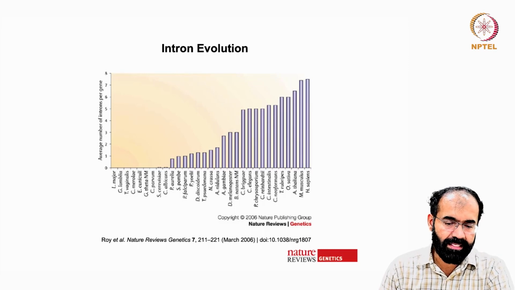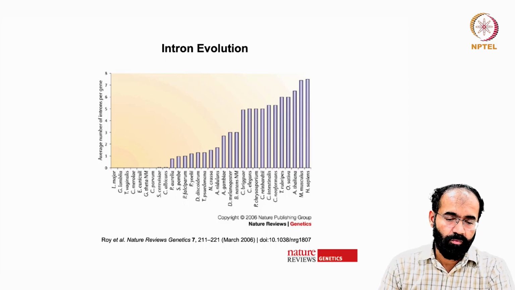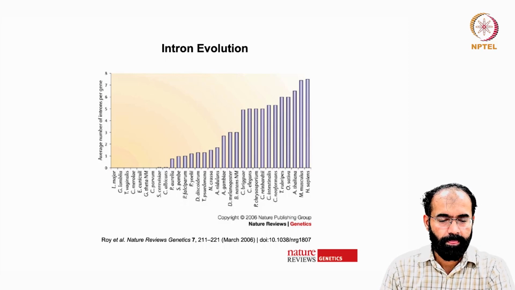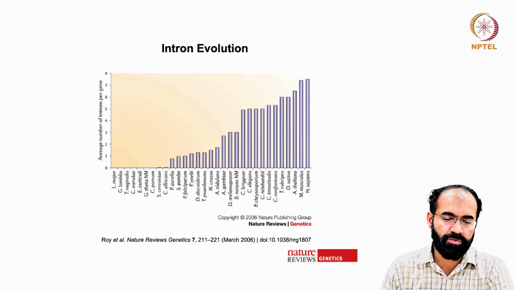If you look at the different groups, on the y-axis you have the average number of introns per gene, and on the x-axis you have the individual species.